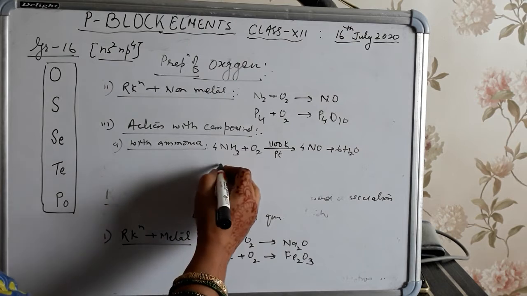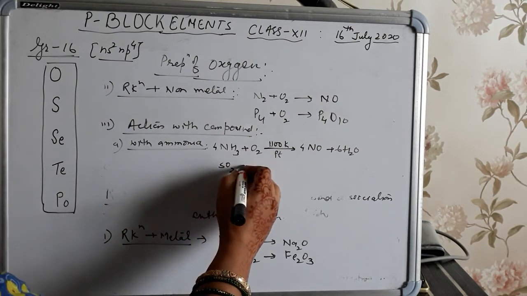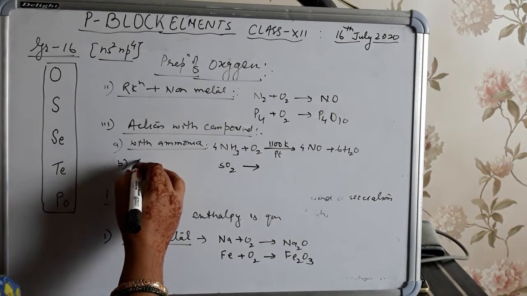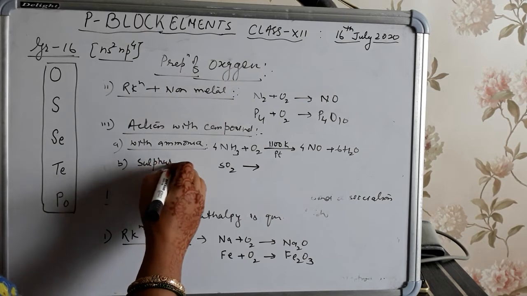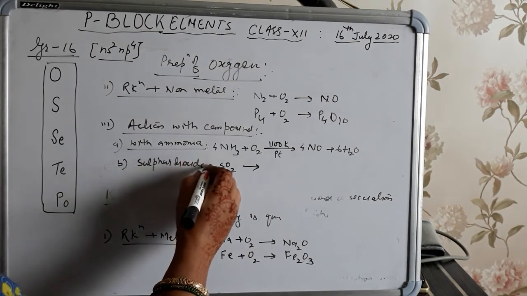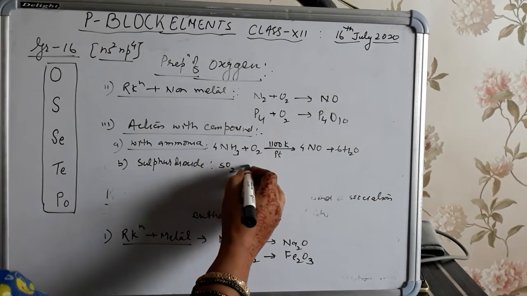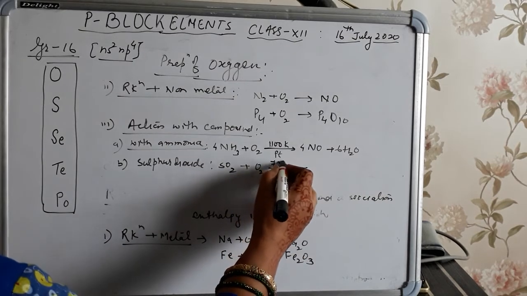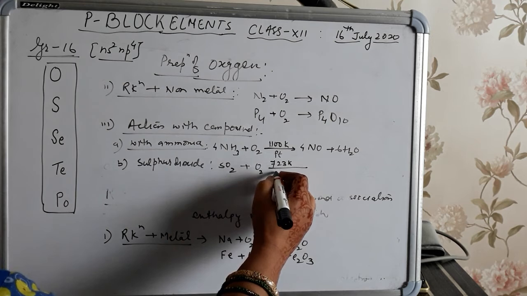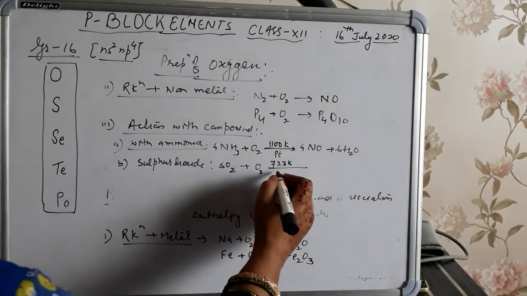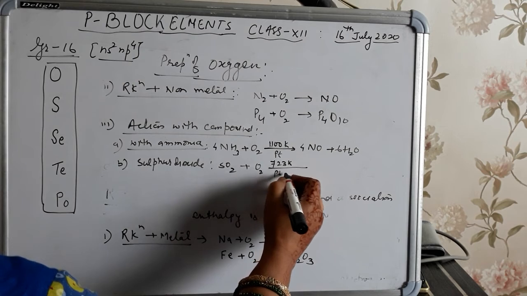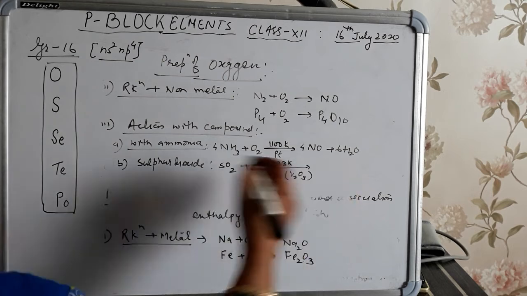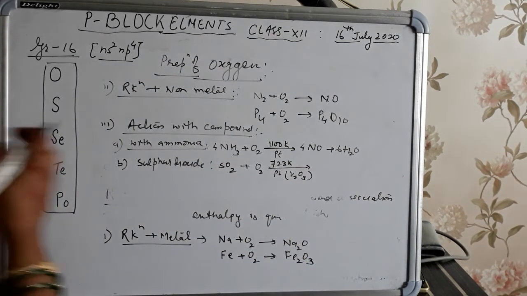With sulfur dioxide: sulfur dioxide plus oxygen at high temperature, 723 Kelvin, and here we also use a catalyst, either platinum or vanadium pentoxide, so it will form sulfur trioxide.